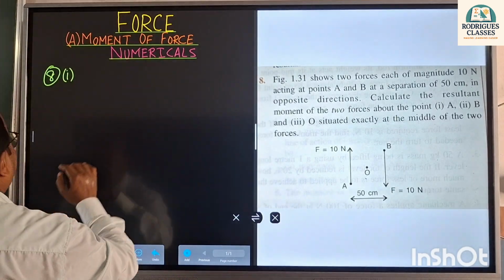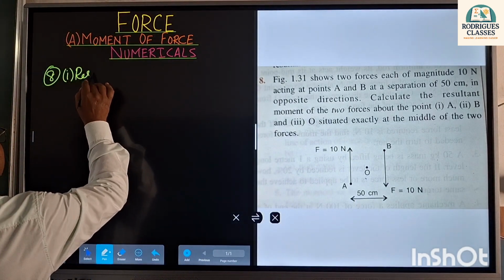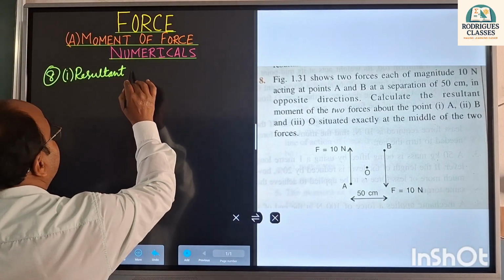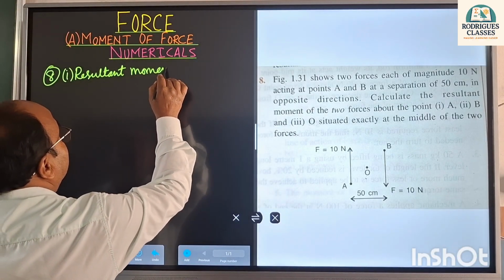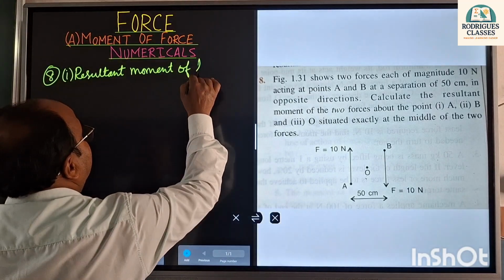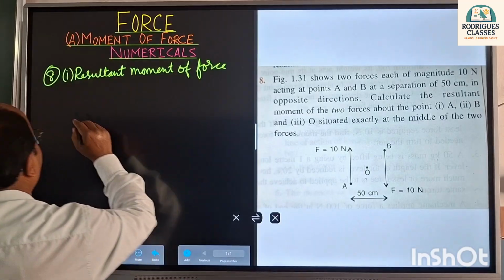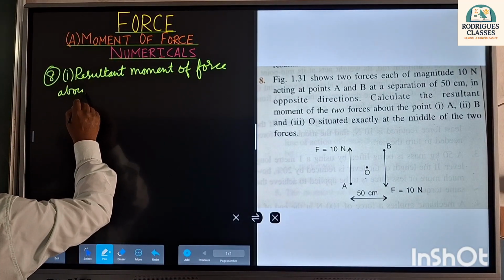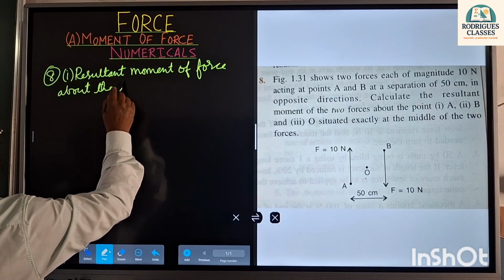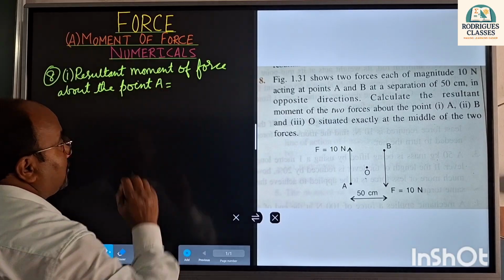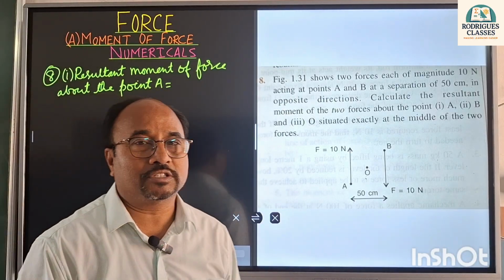Okay, so the resultant moment of force about the point A. See, there are two forces acting.